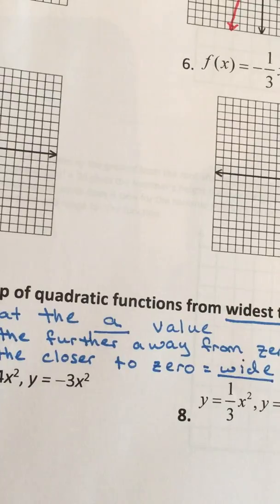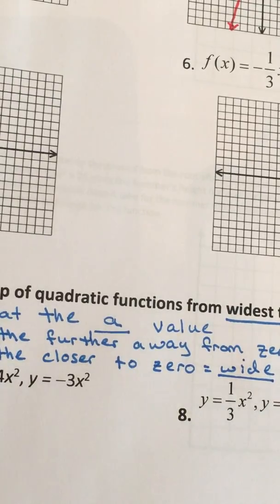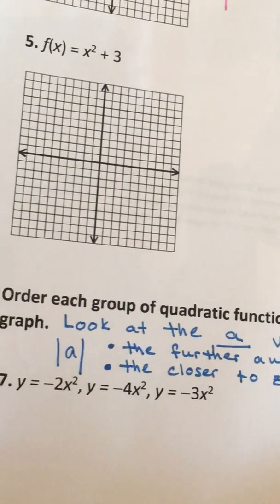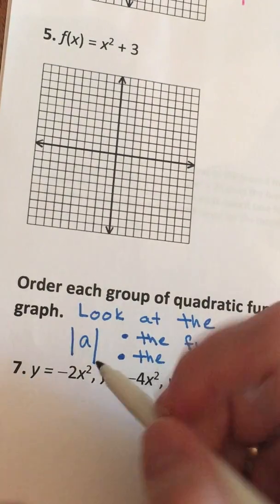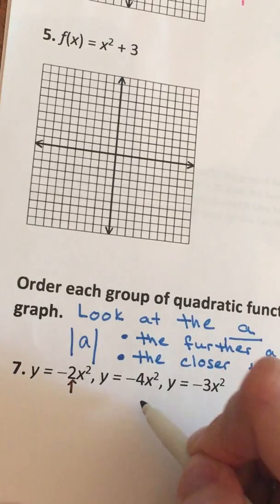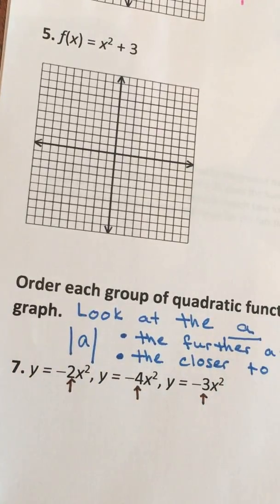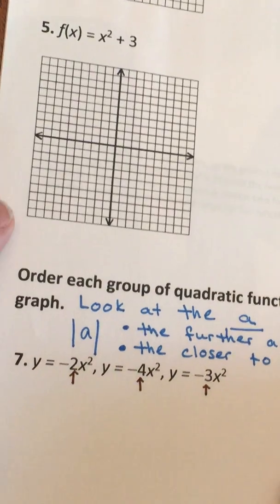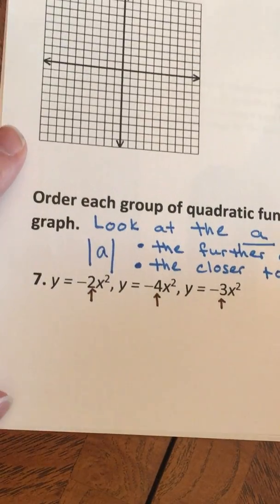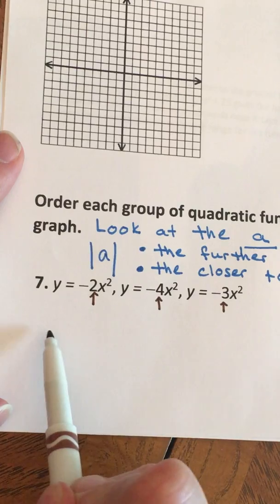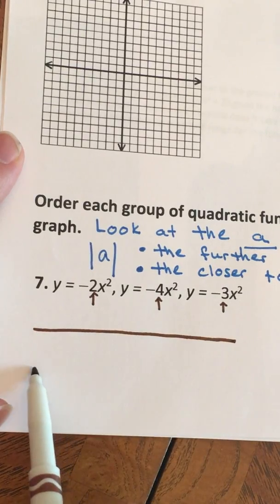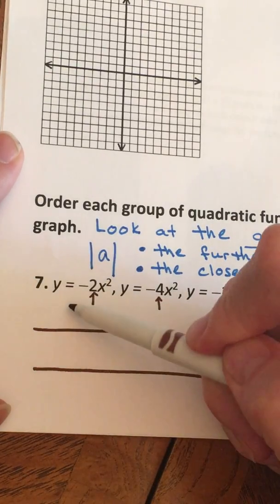All right. So let's look at problem number 7. In problem number 7, we see we have a 2, a 4, and a 3. And so when I do these problems, I make just a simple little chart on my paper. And my chart looks like this.